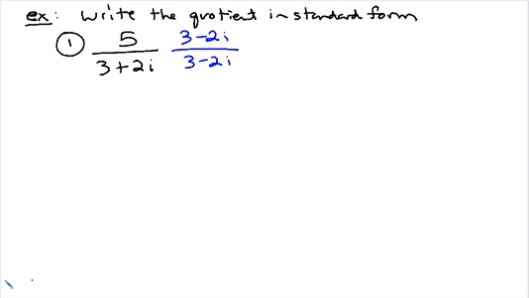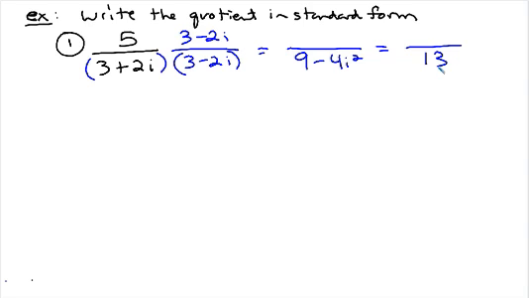And doing that is going to get rid of the i in the denominator, in the bottom, because the bottom is going to become 9 minus 4i squared, which we know is 13. And the top, you can just do distributive property in this case. So that would be 15 minus 10i.